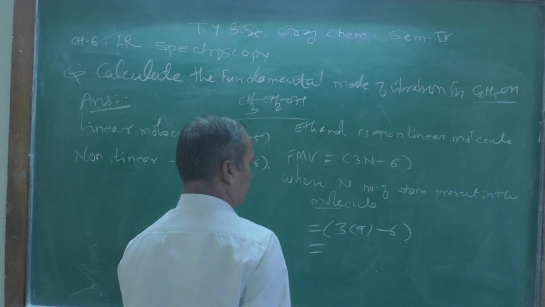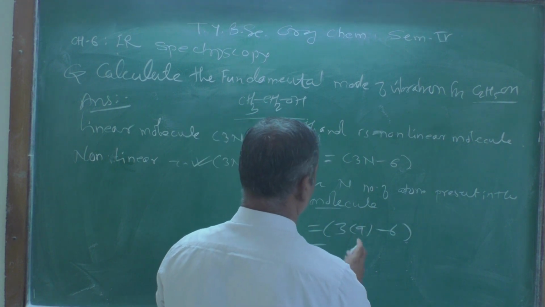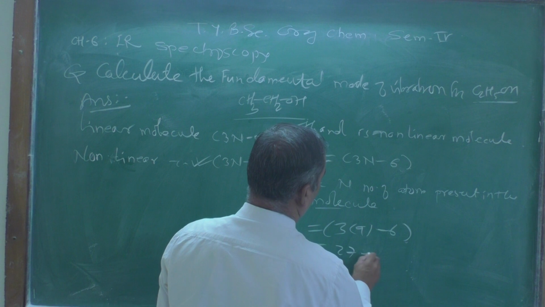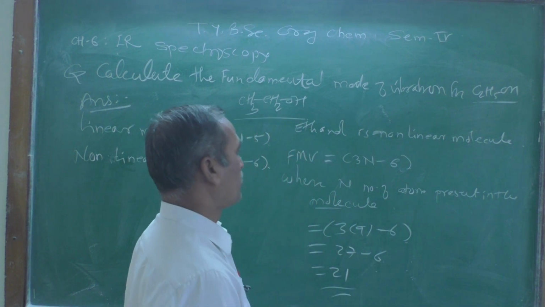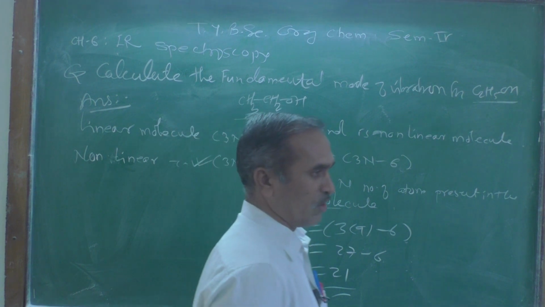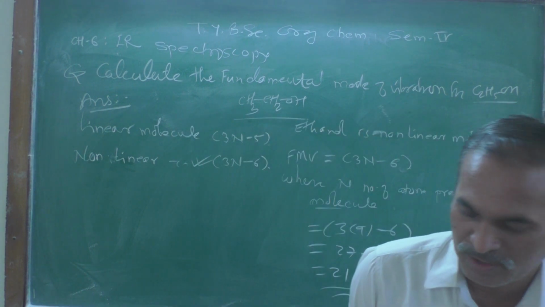So 9 into 3 is 27 minus 6, so 21 is the fundamental modes of vibration observed for the ethanol molecule.